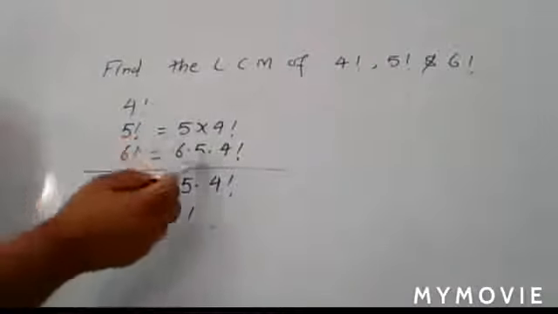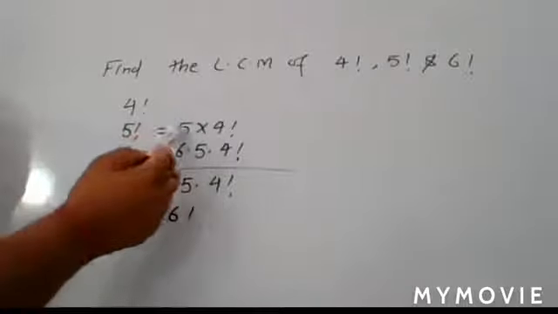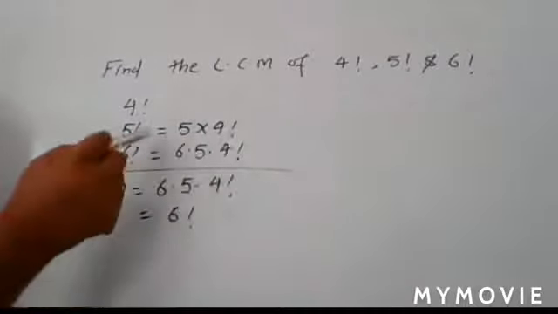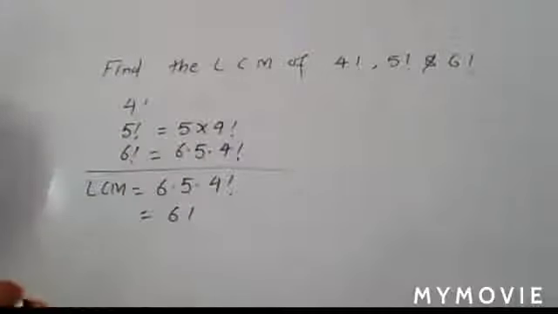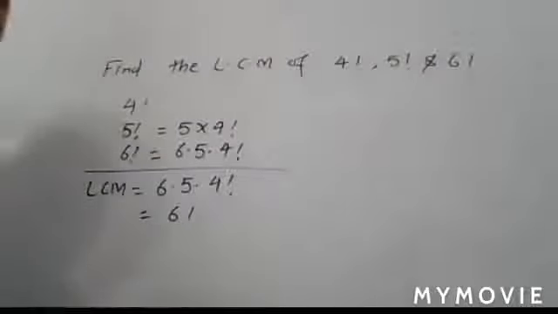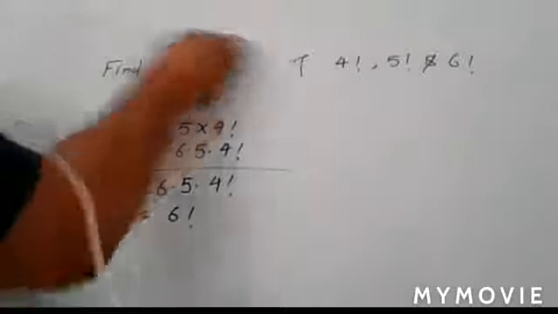And 5 factorial can be written as 5 into 4 factorial. So this 5 factorial contains 4 factorial also. So you learn these things, how you find the value of factorial and the LCM of factorials. Right, next question.